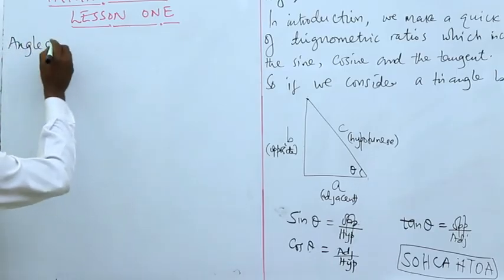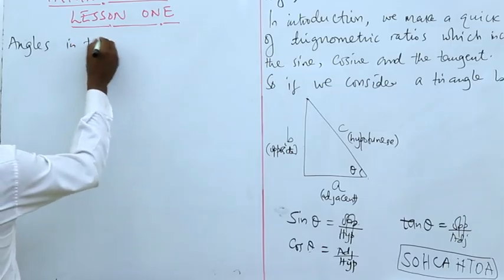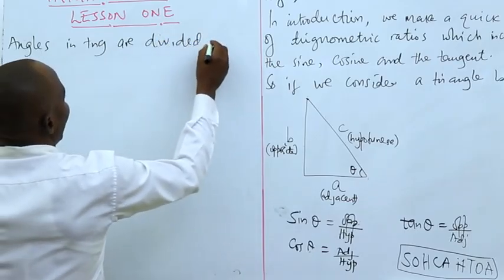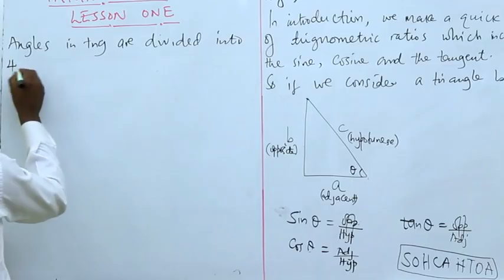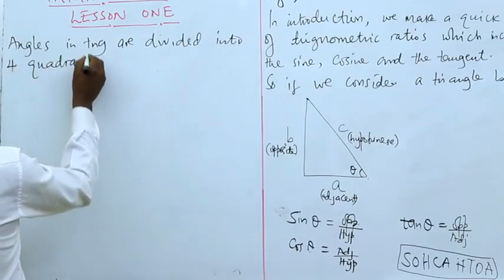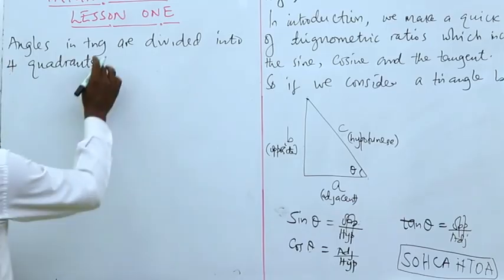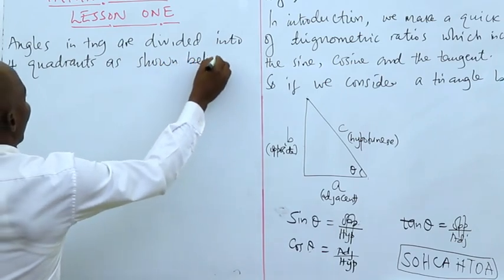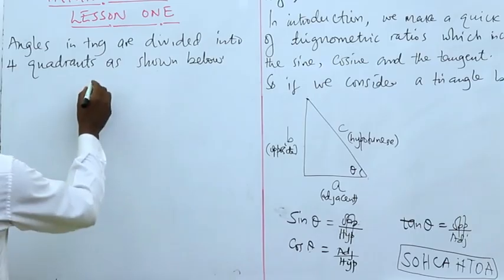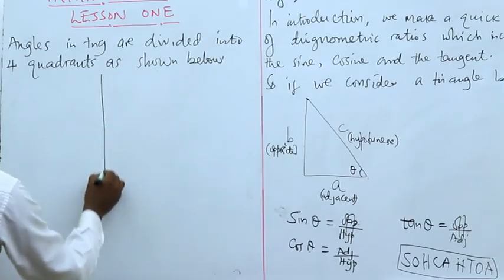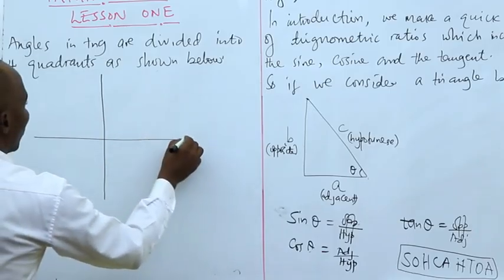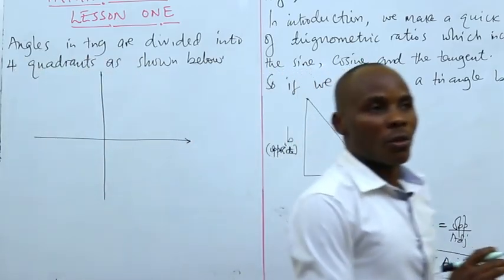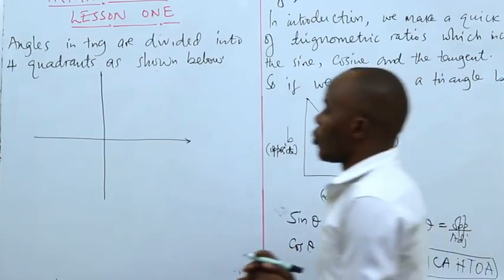Angles in trig are divided into 4 quadrants, as shown below.